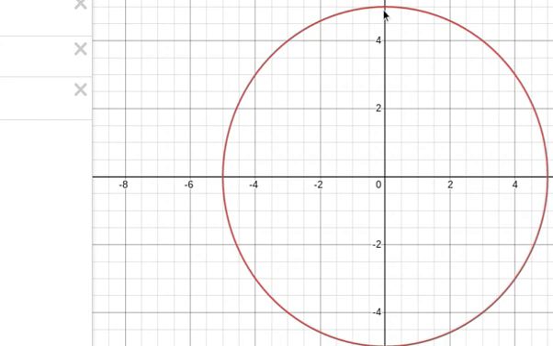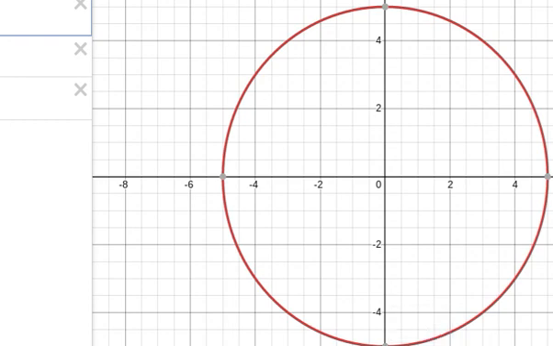Okay, so basically you can find that it is not a function, even though it seems like it is. x squared plus y squared is equal to 25, but as you can see, for x equal to 0, there are 2 points here. One is here, and the other is here. So therefore, it is not qualified to be a function.